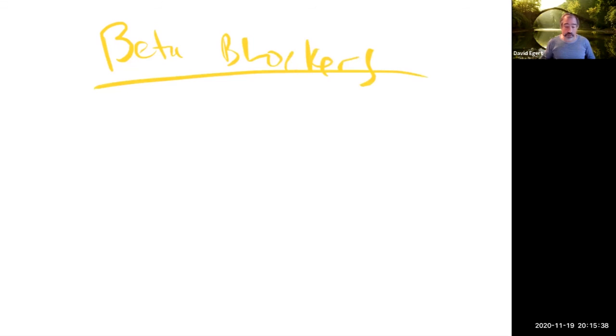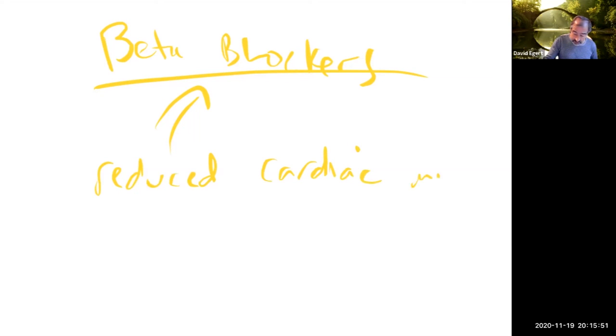Because ultimately, part of the reason, here I can go to the beta blockers. Why do people take beta blockers for high blood pressure? One of the things that beta blockers do is reduce contractility of the heart muscle, reduce cardiac muscle contractile strength.